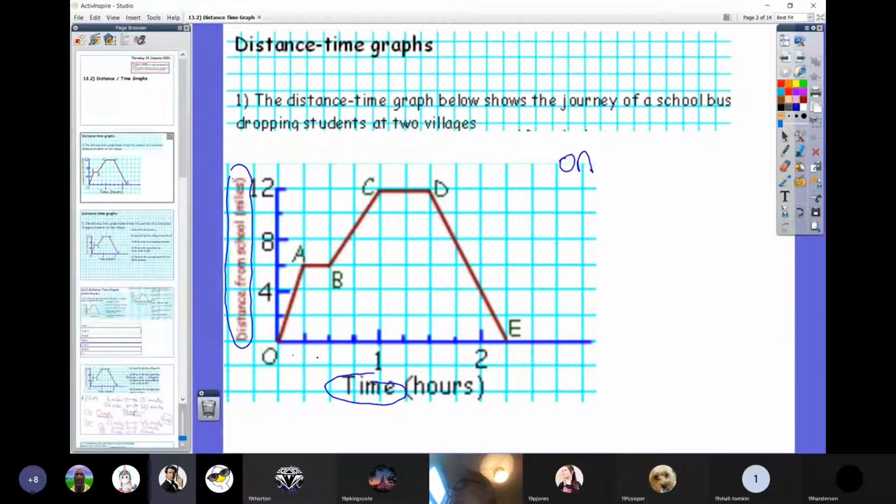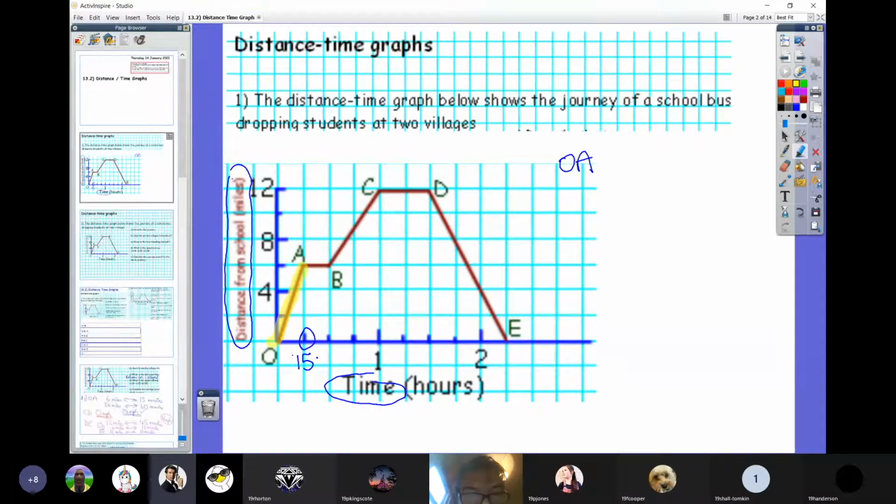So just have a look on the graph. Oh gosh, there's a big lag at the moment, isn't there? I think you can only just see the O to A happening at the moment. So as we go from O to A, I'm going to fluorescent pen that little bit of the graph in yellow. That hasn't come through yet, but I'm talking about the bit that's going to, oh, it's come through now. So that little journey there, you need to be able to envisage what's happening to the bus.